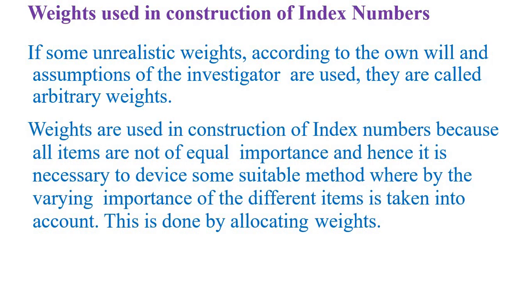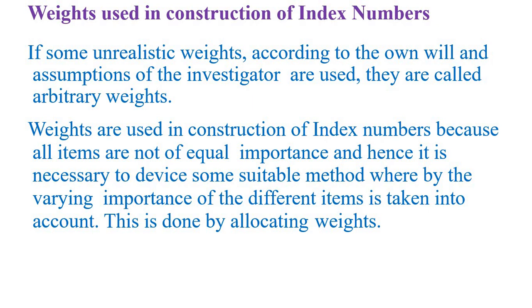Weights are used in the construction of an index number because all items are not of equal importance. In a household, we will use rice 25 kg, sugar 5 kg, oil 5 kg, and dal also in kgs.